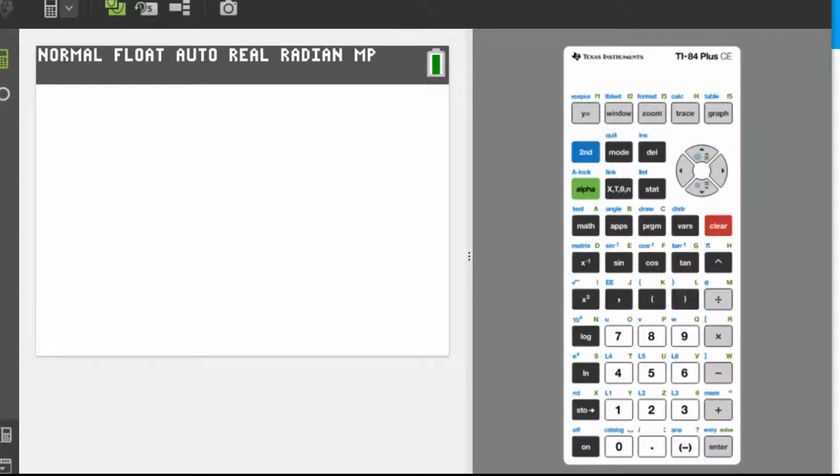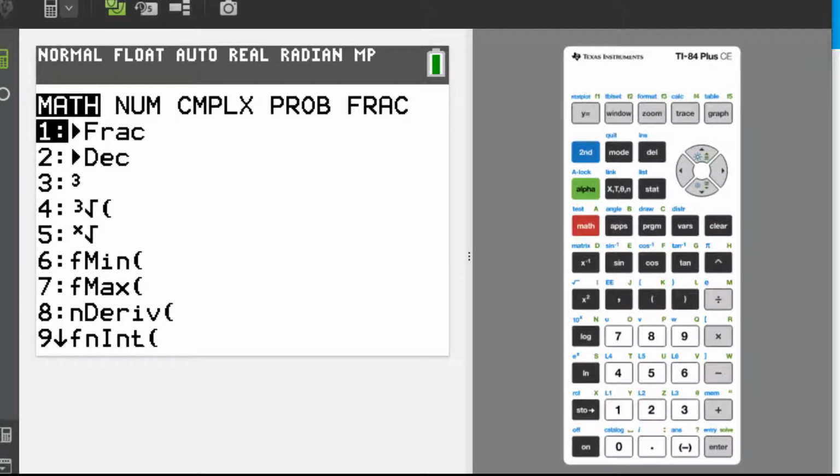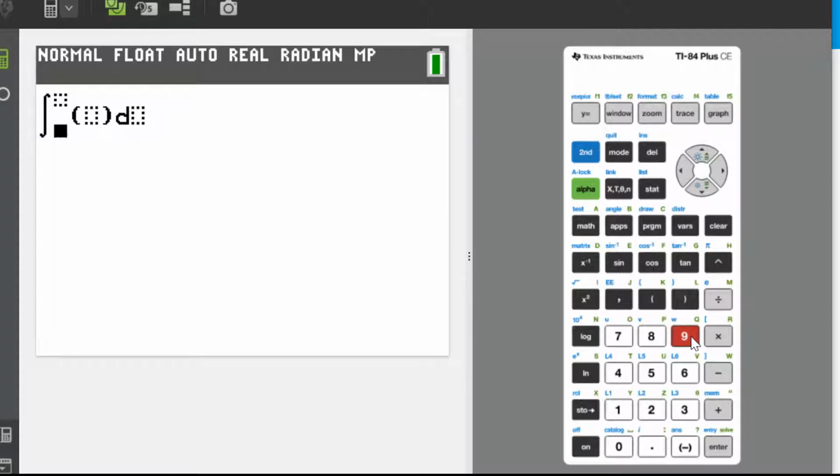To do numerical integration, use the math feature on your calculator, and from the Math Feature drop-down menu, pick number 9, which corresponds to numerical integration. When the integral symbol pops up, and the first blinking box, put in the lower bound for this problem, that'll be 20. Use the scroll to go up to the upper bound, key in 30.